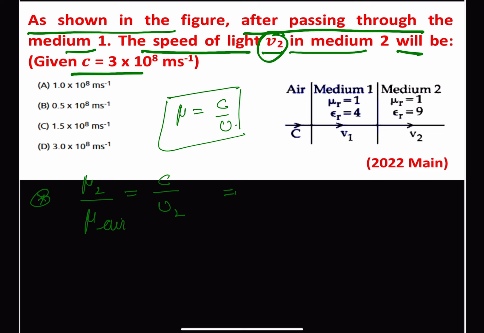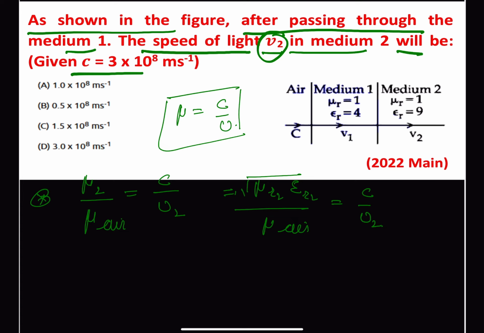So we can see from here that the refractive index and the velocities are inverse of each other, and mu2 can be written in terms of the relative permeability and permittivity. So we can write this as the square root of mu r2 multiplied by epsilon r2, and mu of air is equal to c upon v2.